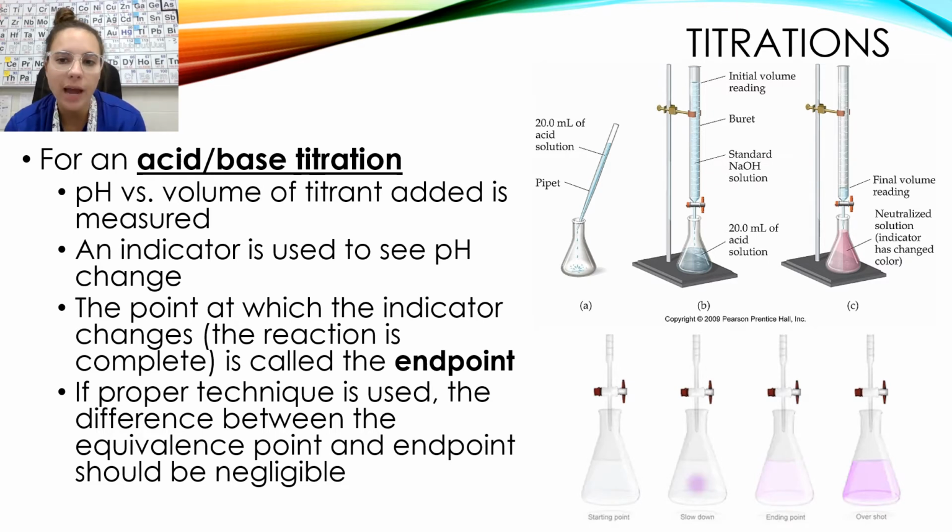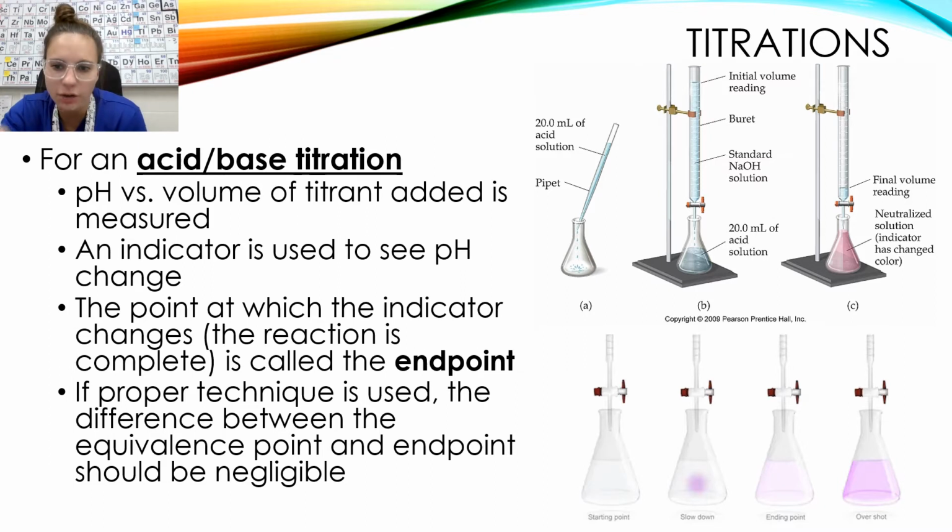The point at which the indicator changes is called the end point. Now, if we use the correct indicator and proper technique, your end point and your equivalence point should be relatively the same.